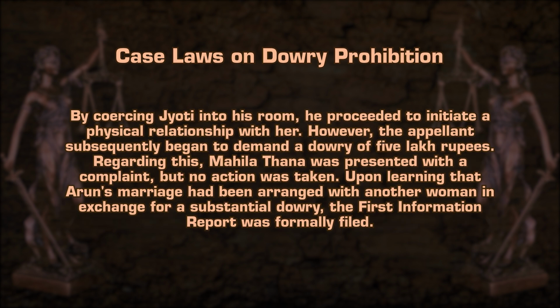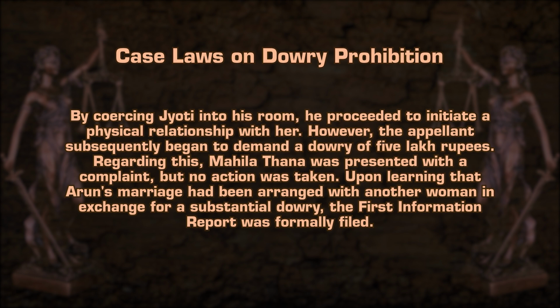By coercing Jyoti into his room, he proceeded to initiate a physical relationship with her. However, the appellant subsequently began to demand a dowry of 5 lakh rupees. Regarding this, Mahila Thana was presented with a complaint, but no action was taken.